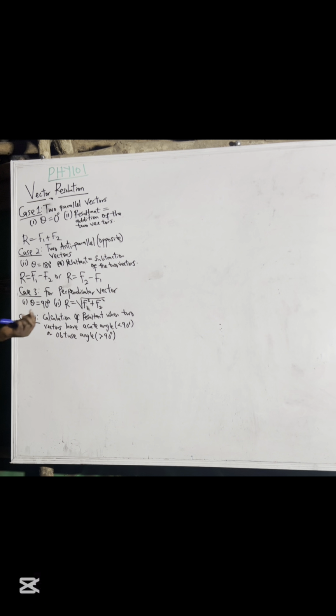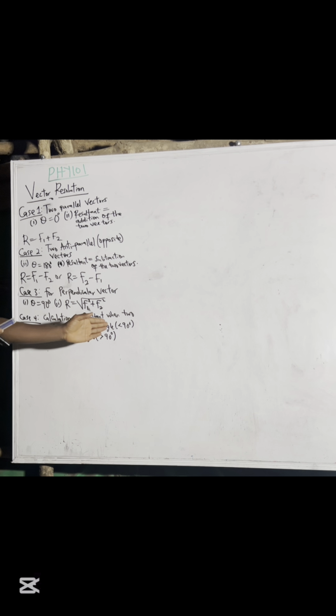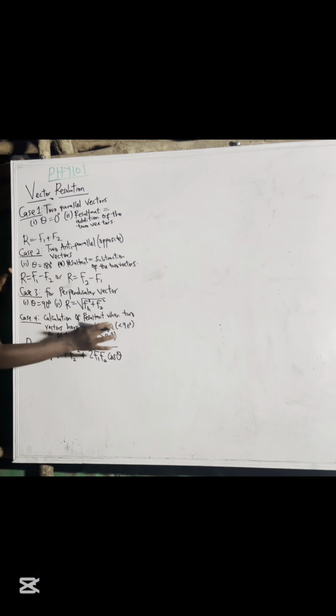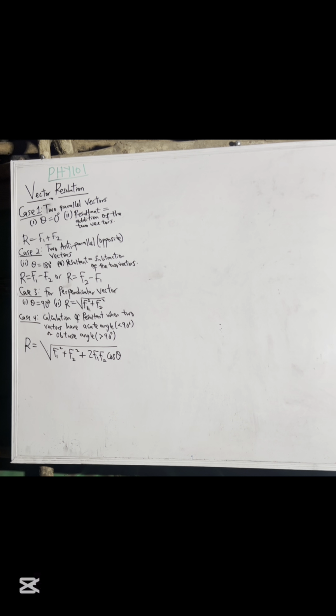So when two vectors have an acute angle, that is if the angle between them is acute, which is less than 90 degrees, or obtuse, greater than 90 degrees, the resultant is calculated by using this cosine formula: F1 squared plus F2 squared plus, it will still be plus, 2 F1 F2 cos theta. So that is about that, guys.